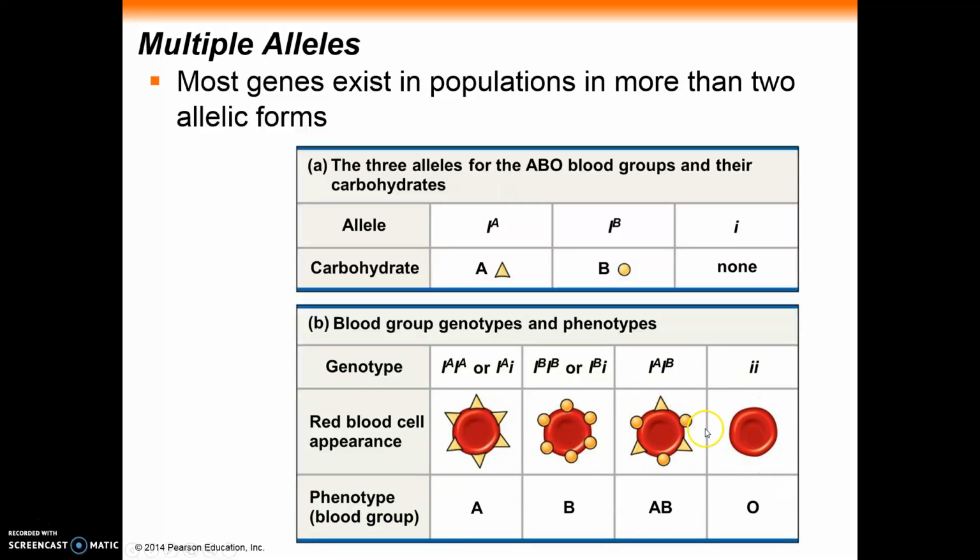If you're looking for a donor, you're looking for type O because you can contribute blood to anybody. So this is what happens when we start getting multiple alleles. And here we can see that not only do we have multiple alleles, we have three, but we also have an example of codominance occurring here.